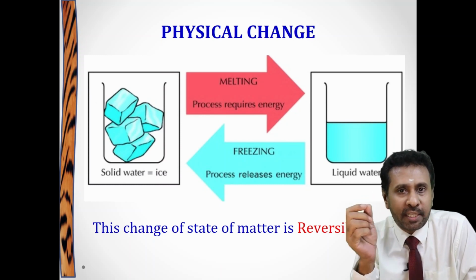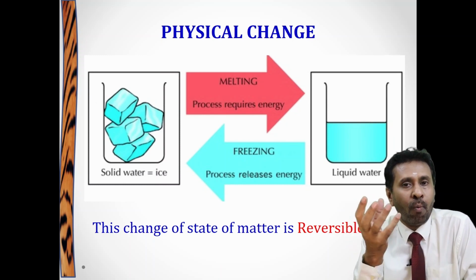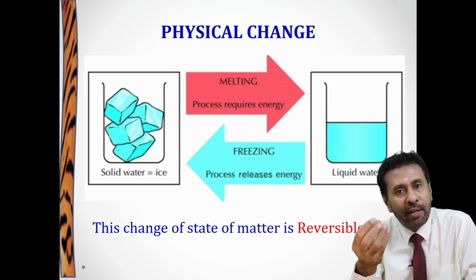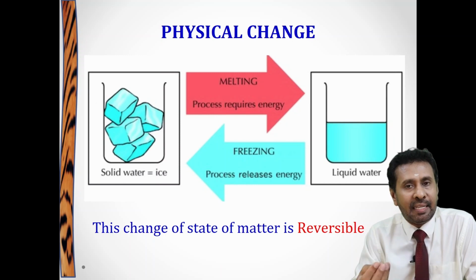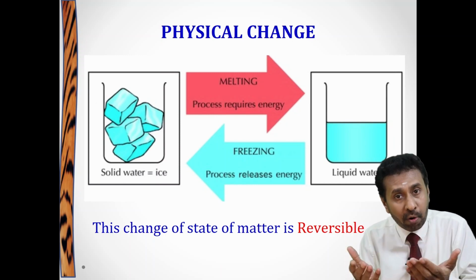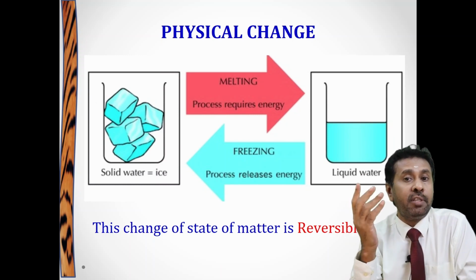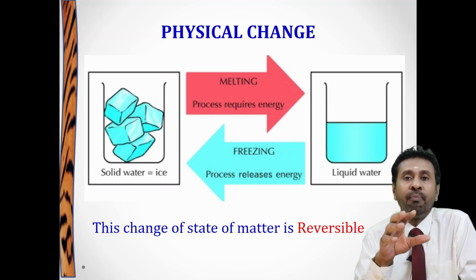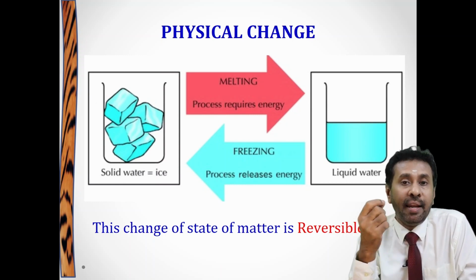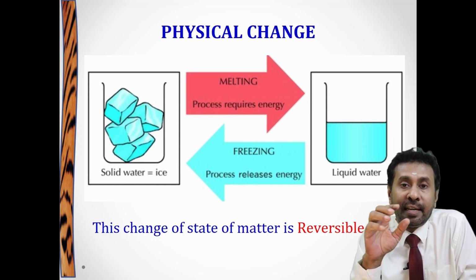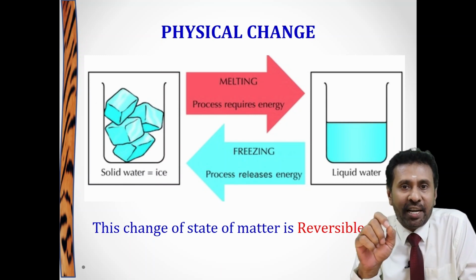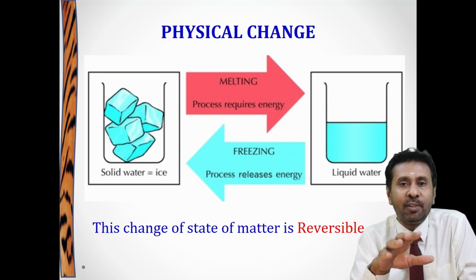Water is in liquid state. When you freeze water, it becomes ice, which is in solid state. When you apply heat to the ice, it melts and becomes water. If we apply more heat to the water, it becomes vapor, which is the gaseous state. So there is a possibility of a change of state of matter, but the inherent property of water doesn't change at all. It remains the same. So the physical change is reversible and it is not a permanent change.